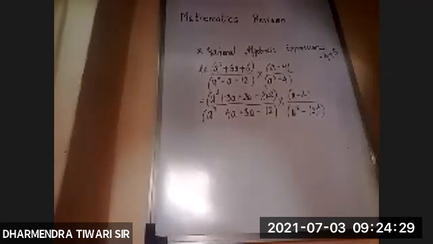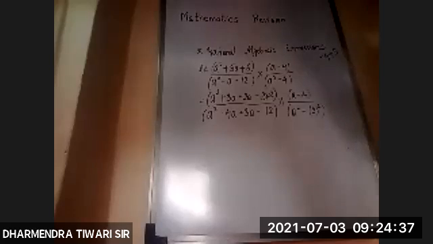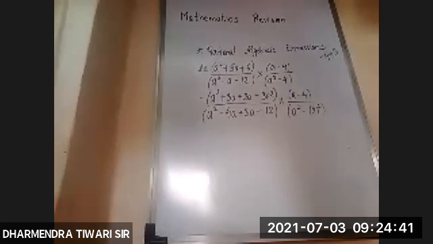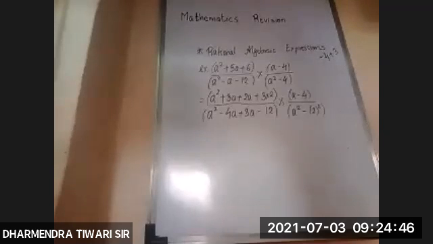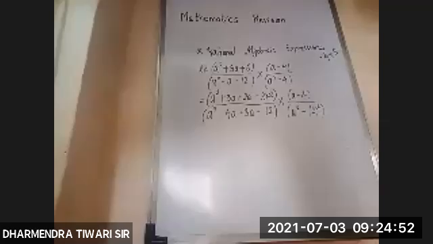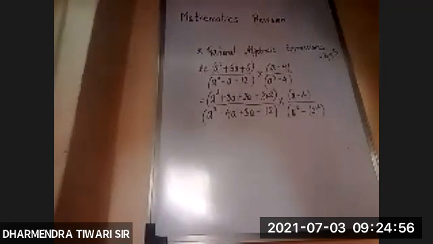Just we need to factor and cancel those terms which are getting cancelled easily. So it's very simple. Expecting the answer from your side.